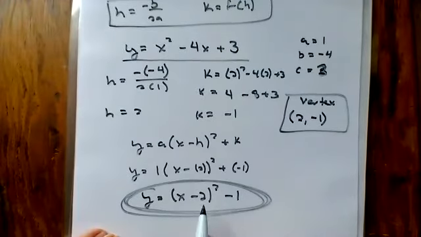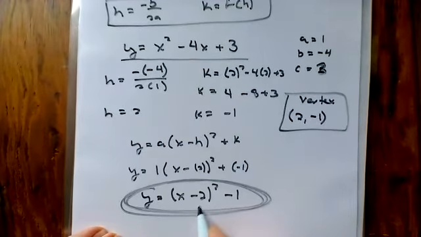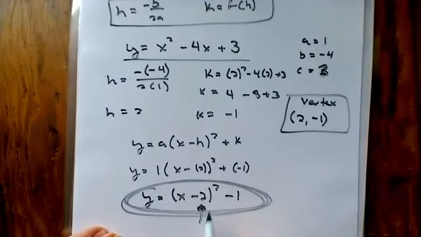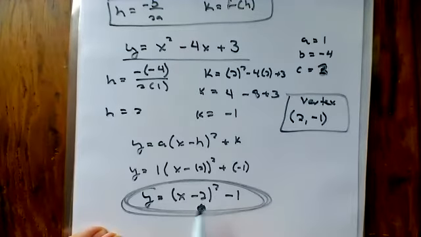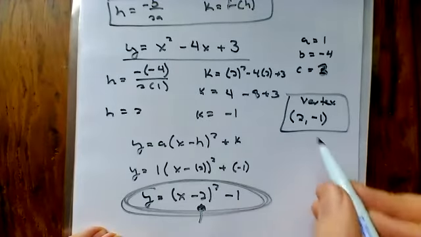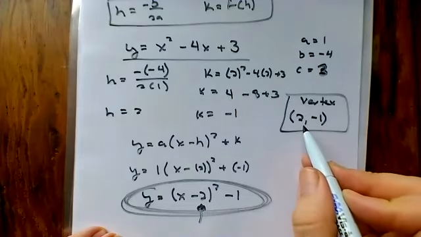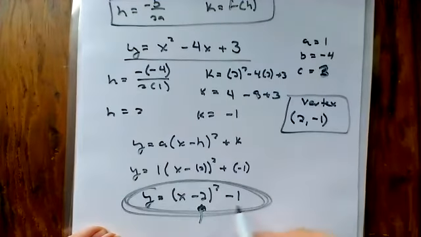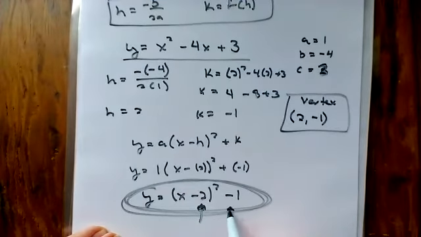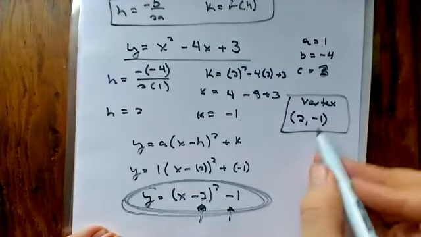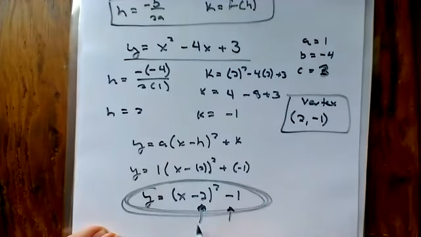So if you're just reading an equation like this, notice that we're essentially having to flip the sign inside the set of parentheses. So even though this says minus 2, we already know that our vertex is a positive 2. And we know that the y value is still a negative 1. So this is negative h, and this is our value of k.